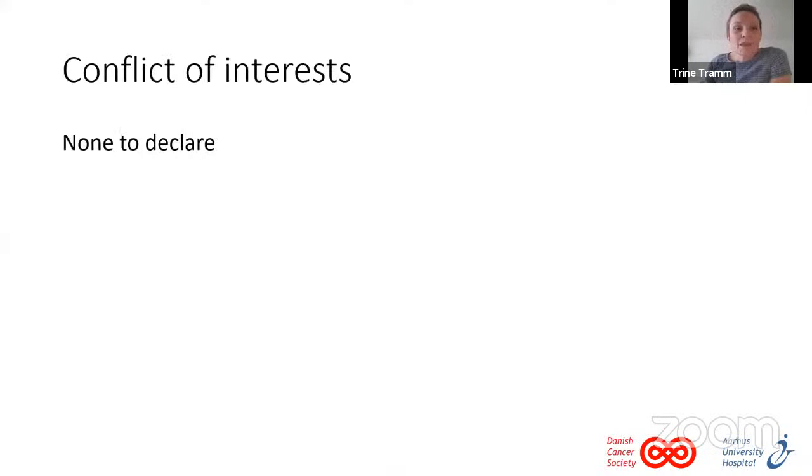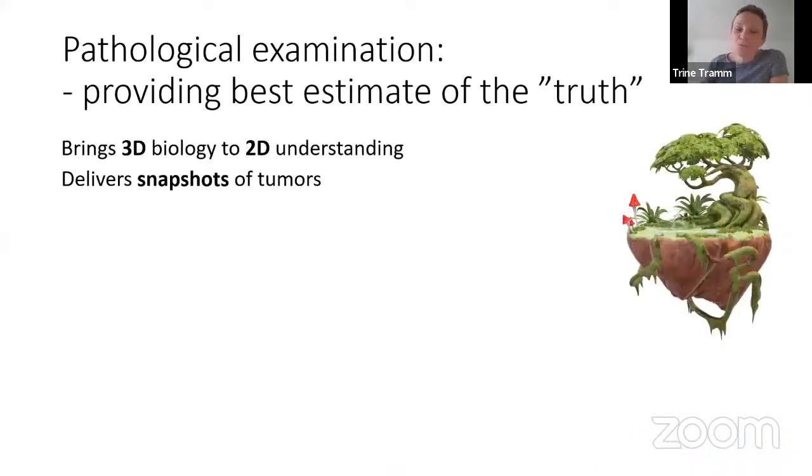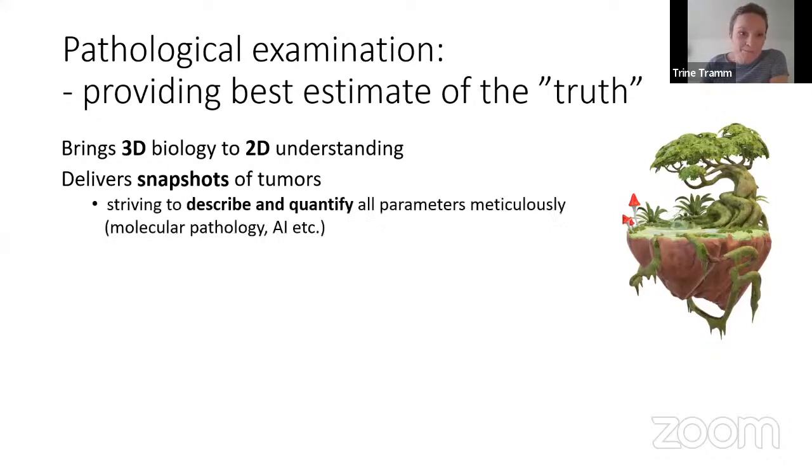So what we do as pathologists is that we try to bring wonderful 3D biology into a 2D section and bring this into something that we can understand and interpret. But it means that we're delivering snapshots of this wonderful biology.